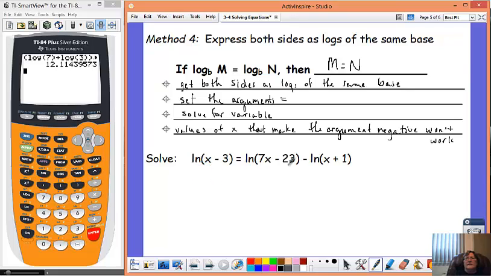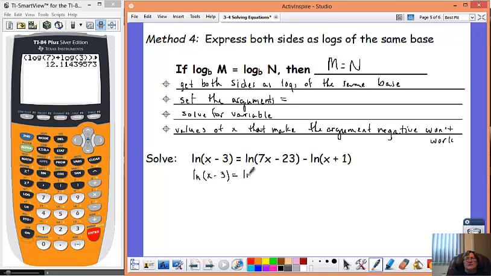All right, we have natural logs here, so e is the base here. Here we have two expressions, so we need to get this simplified a little bit. Let's just rewrite this side. The natural log of x minus 3 equals, and now this is expanded as a subtraction, which means it condenses as a division.